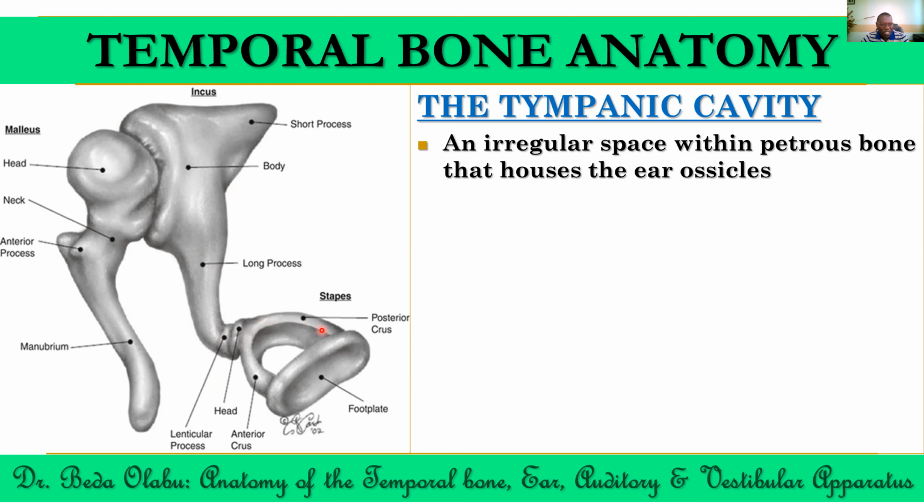And then for stapes, the major thing is the head and the two crura, the posterior crus and the anterior crus, which meet at the footplate. So this footplate is the one that attaches to the oval window of the vestibule. This manubrium of the malleus is what attaches to the eardrum laterally.